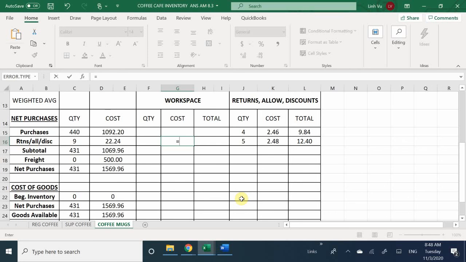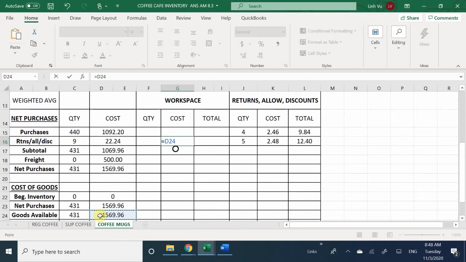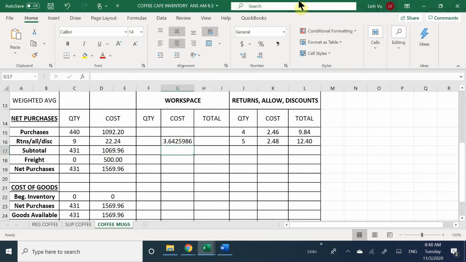What's my average cost per item? 1569.96 divided by 431. I got 3.64, yada yada yada.